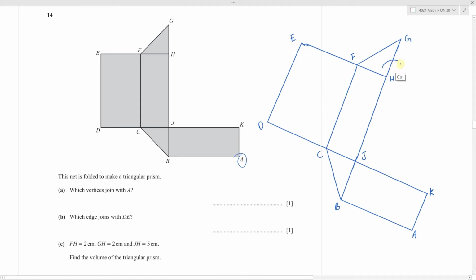So let me actually draw this. So imagine like this is a 3D shape. Now this triangle is vertically standing rather than laying flat on the floor.